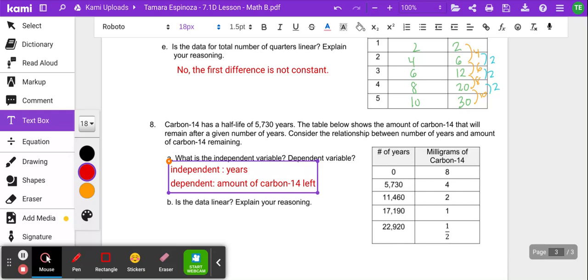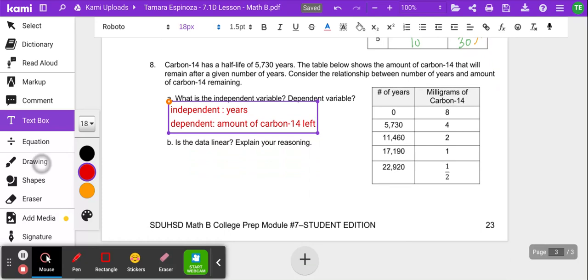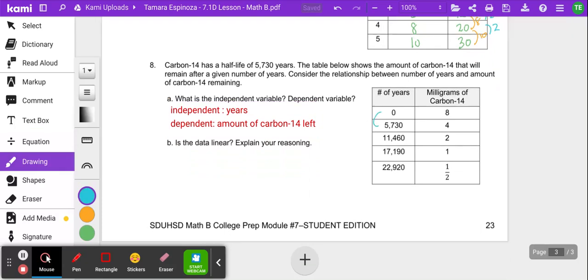Okay, so I need to look at my first difference to see if it is consistent or not. So this is going up by 5,730, this is going down by 4. This is going up by another 5,730, and this is going down by 2.